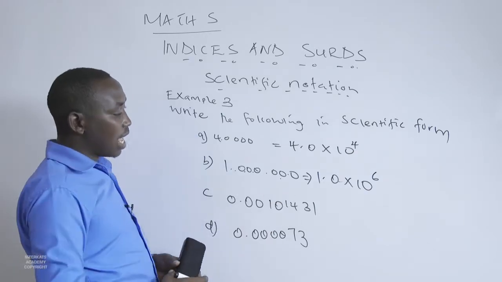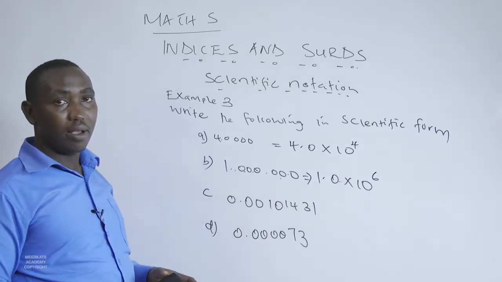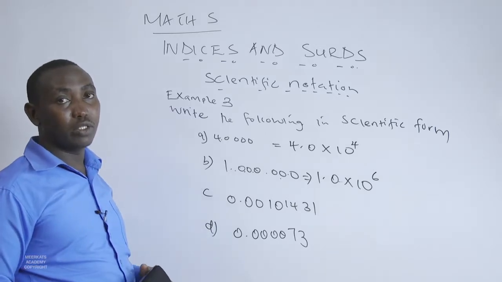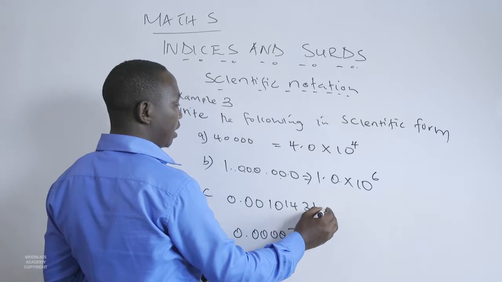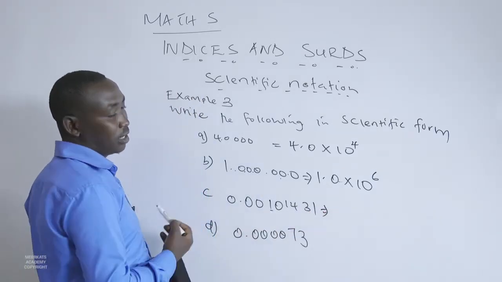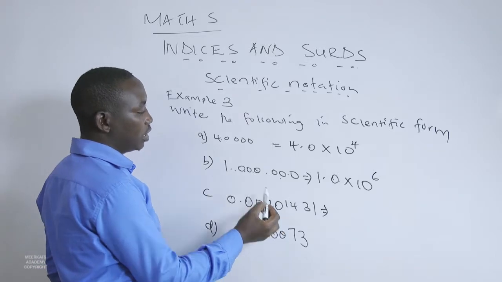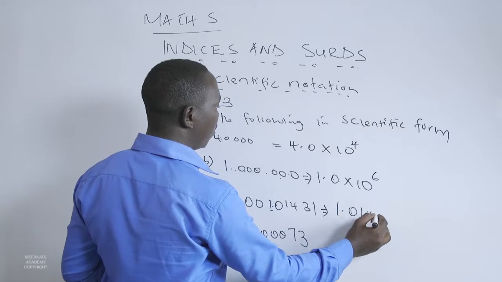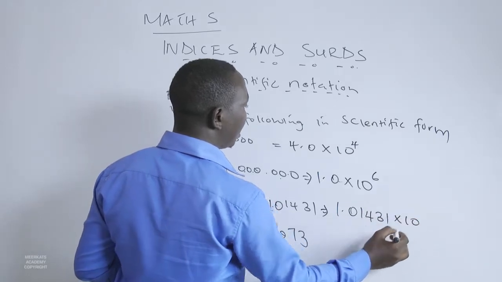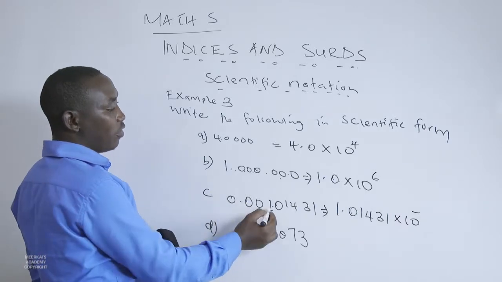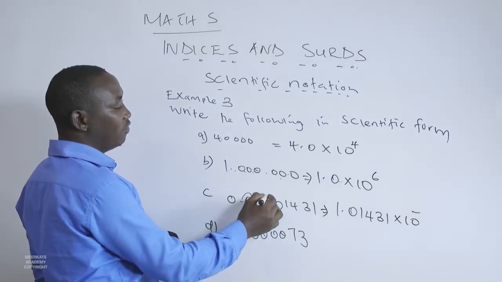Now these last 2 cases, C and D, involve very small numbers, and this tells us that the powers are going to be negative. So in this case, we locate the first non-zero. The first non-zero is 1. Therefore, the decimal point should move to that. That will make it 1.01431 times 10 raised to. The power will automatically be negative. Now for you to have reached there, that means you'll have moved 3 steps.